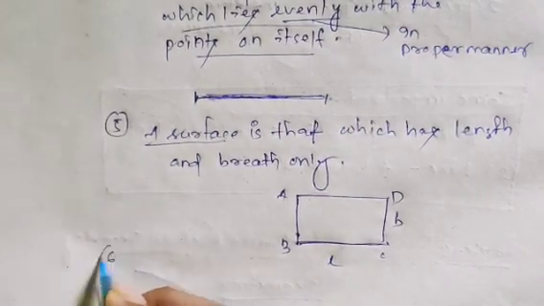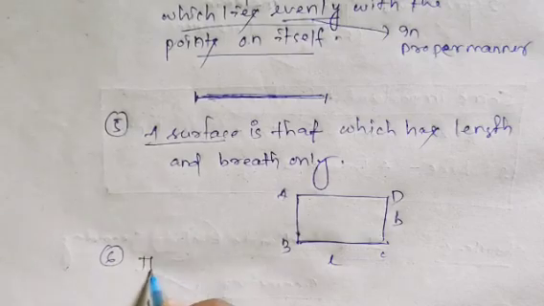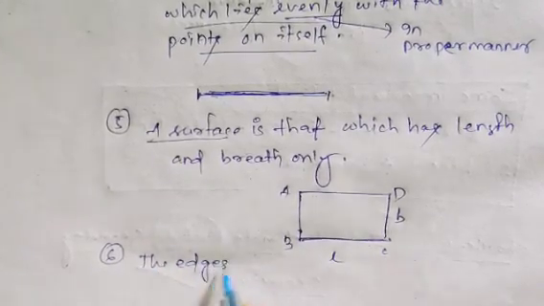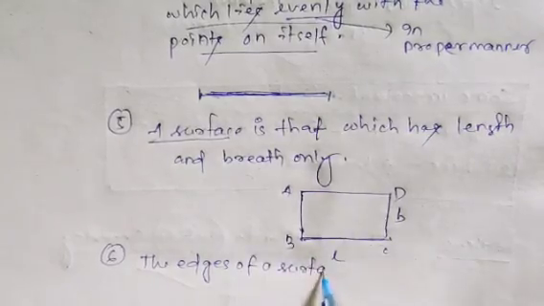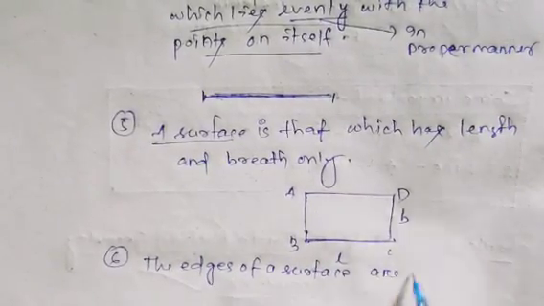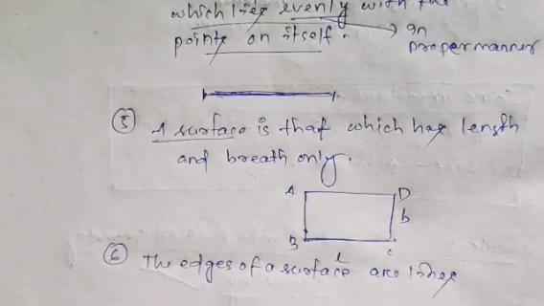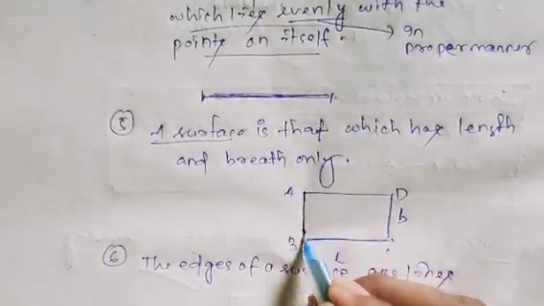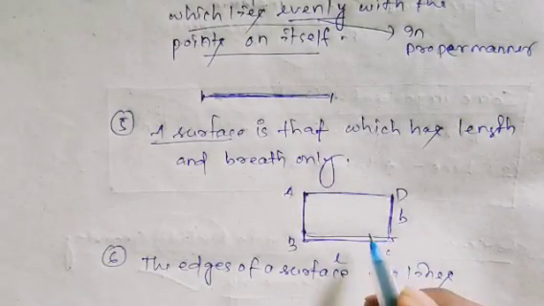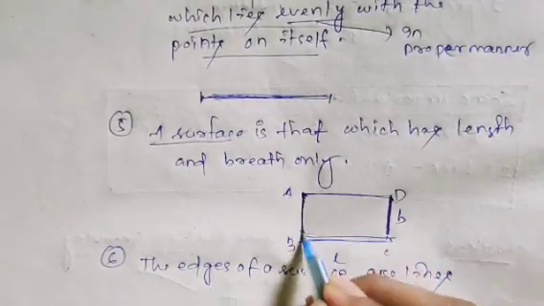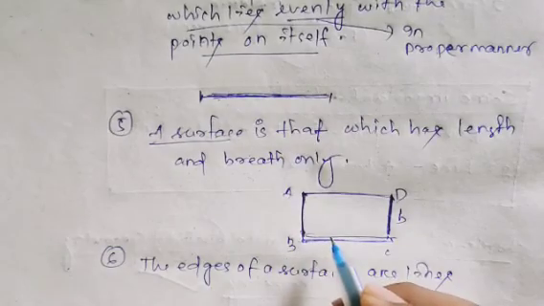And the sixth definition is: the edges of a surface are lines. What is the meaning of that? These are the edges of the surface we considered. The edges of a surface are always lines.